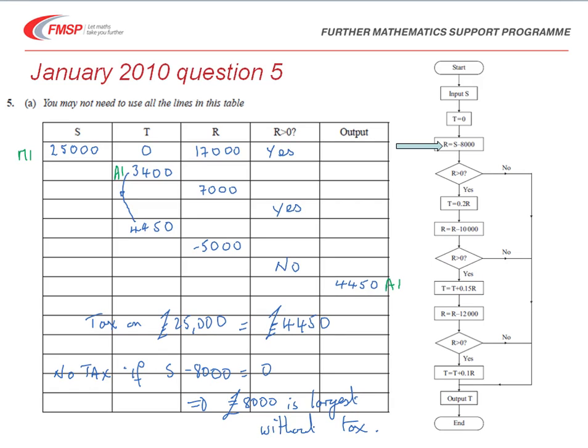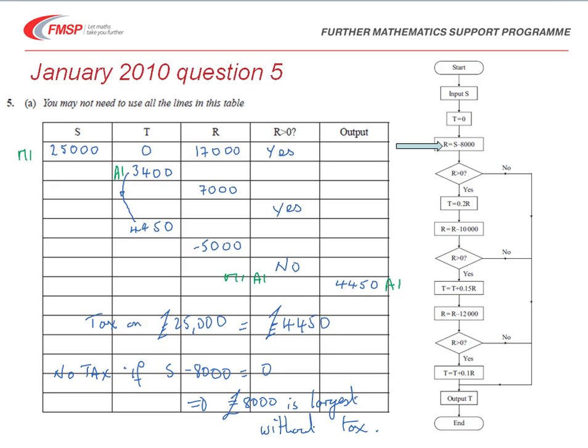There's also an M1, a method mark, at this stage for looking at the decisions down the road. So the further you get through correctly through the flowchart at this point, the more marks you will pick up for that.